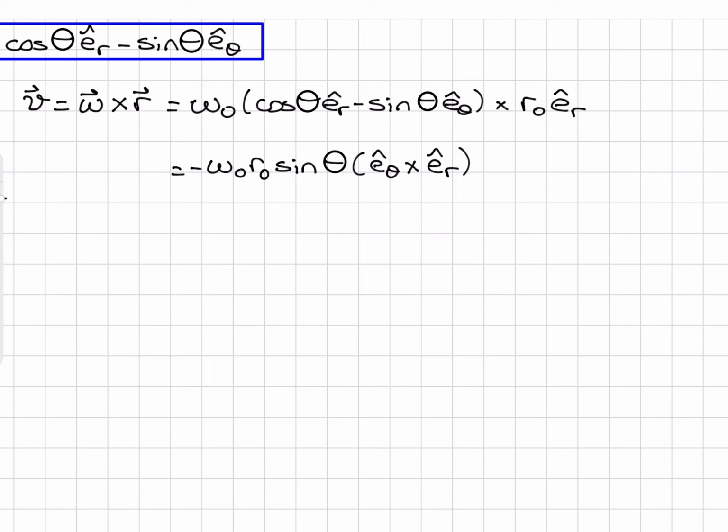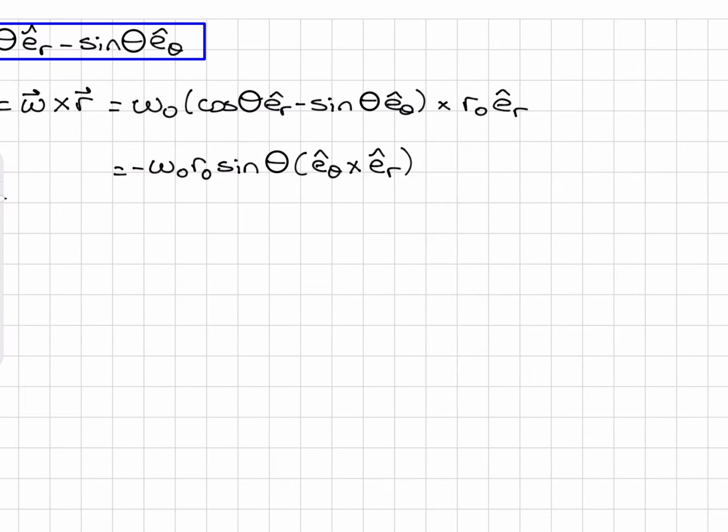Now I have to remember what e theta hat cross er hat is. The spherical coordinate system is right-handed: er hat, e theta hat, e phi hat. When I form the cyclic permutations, er hat cross e theta hat is e phi hat, e theta hat cross e phi hat is er hat, and e phi hat cross er hat is e theta hat.